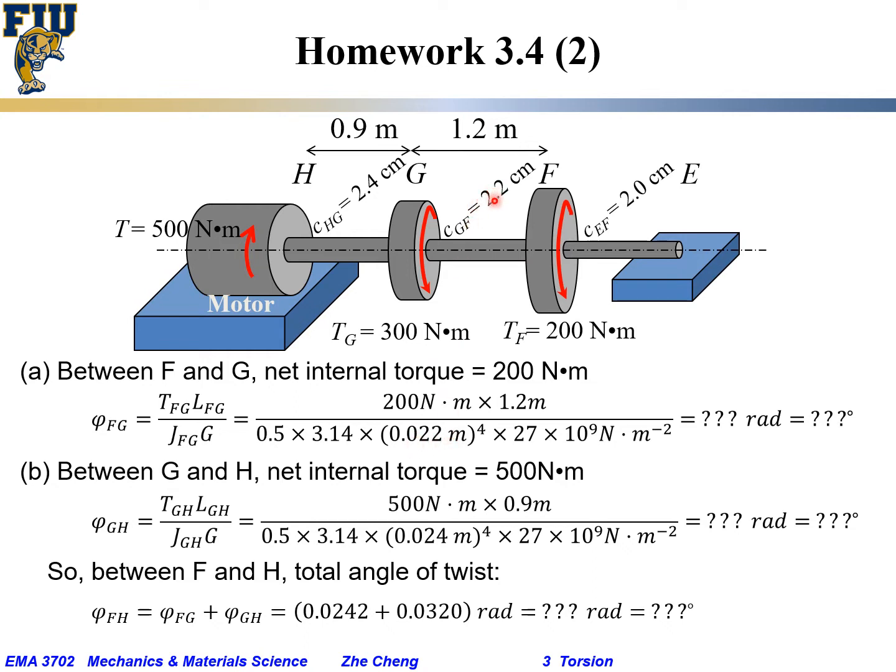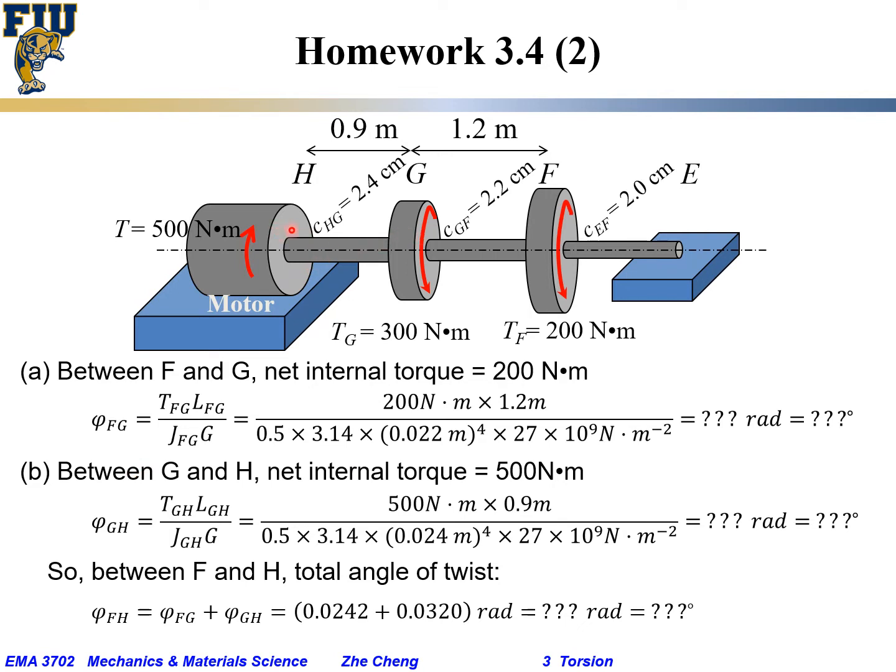We said it is 2.2 centimeter or 0.022 meter, and times shear modulus G, we said is 27 times 10 to the power of 9 Pascal or Newton per meter square. And as a result, you get a number in radian or in degree. You can convert that into degree if you want. You don't have to.